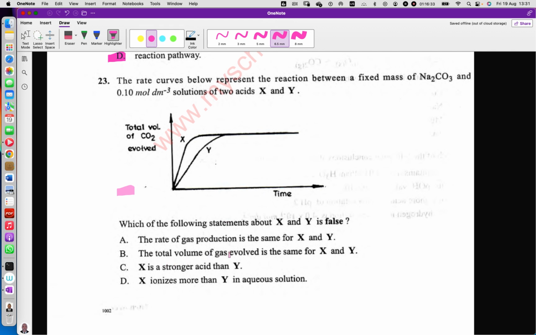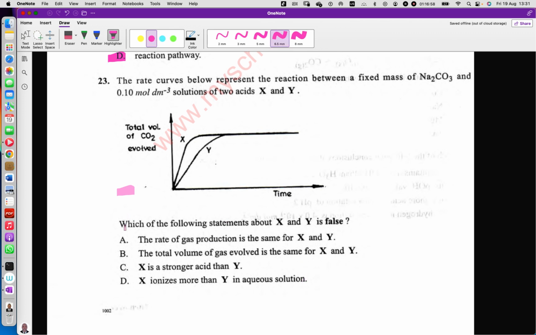The total volume of the gas evolved is the same for X and Y. Yes, the total volume is the same. For C, X is a stronger acid than Y. Excellent, it's a stronger acid. And D, X ionizes more than Y in aqueous solution. Of course, a stronger acid will ionize completely compared to a weaker acid.